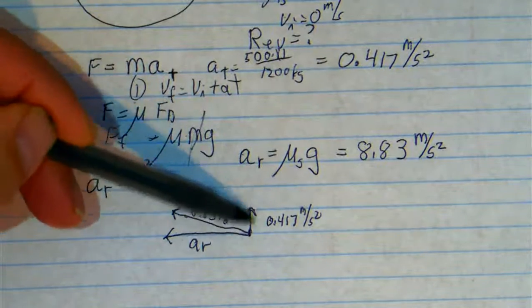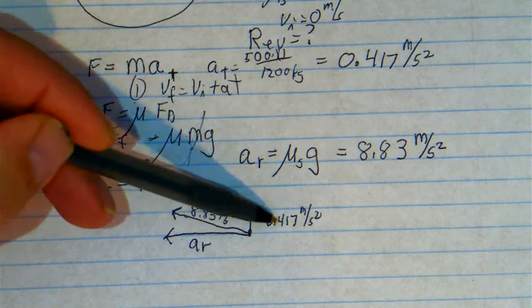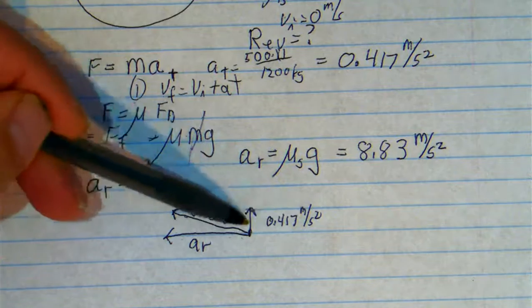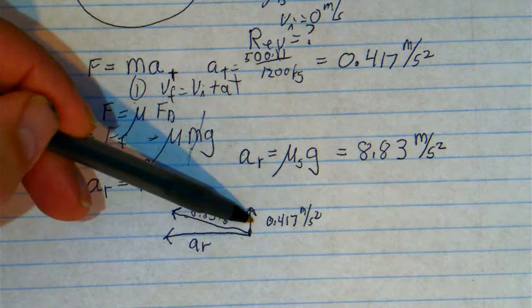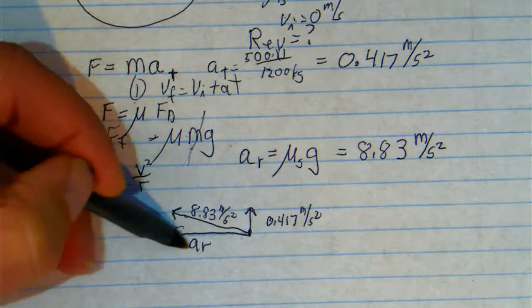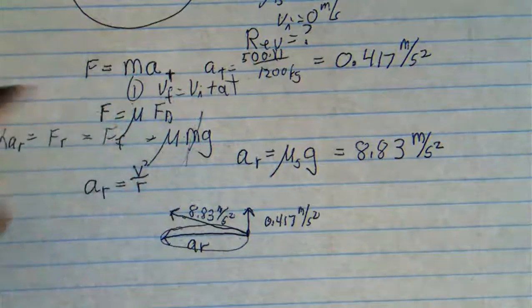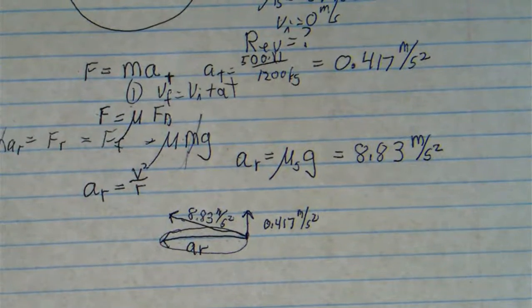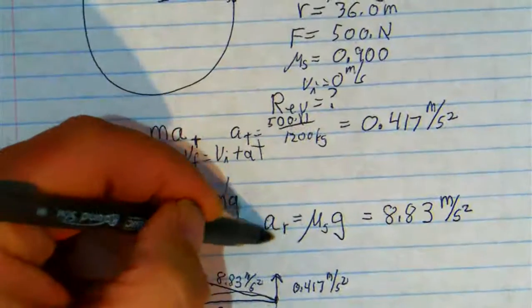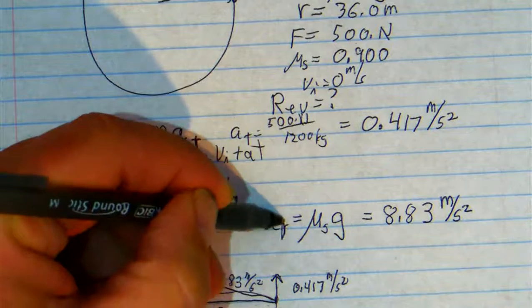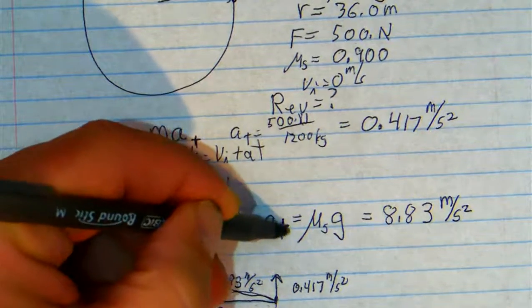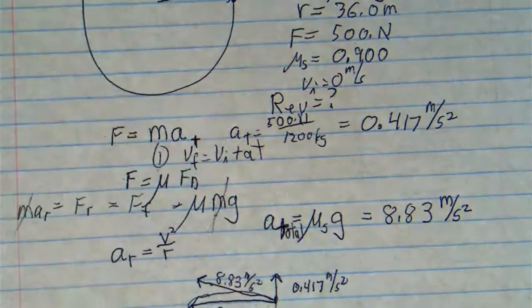The tangential component of that is 0.417 meters per second squared. So now I can solve what is the correct radial acceleration. This should be total. I'll write the word total. There you go, bad handwriting.